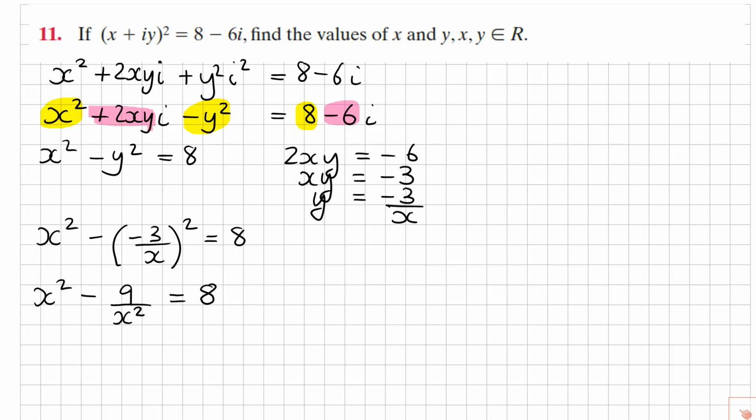Okay, now the next thing I'm going to do is multiply all the way across by x squared. So that's going to give me x to the 4 in the first position. It's going to give me 9 here because I'll have an x squared on the top and an x squared on the bottom, which is just 1. And that's equal to 8x squared. Now this is a quadratic equation, but it just looks a little bit more awkward at the moment.